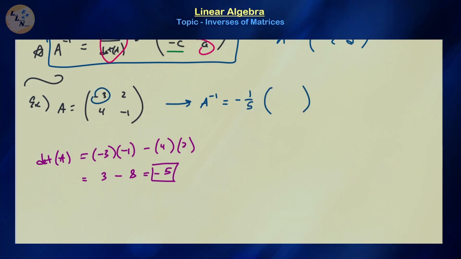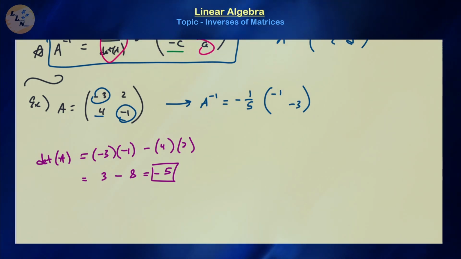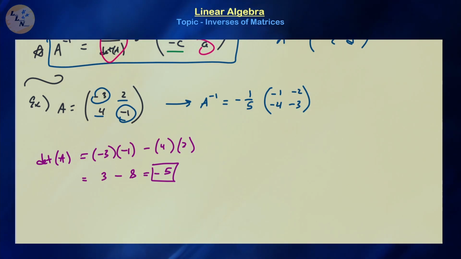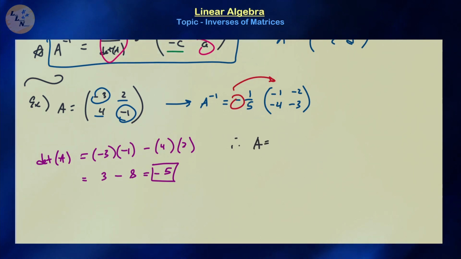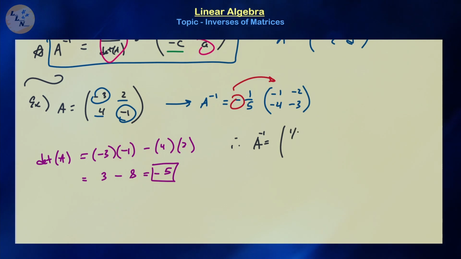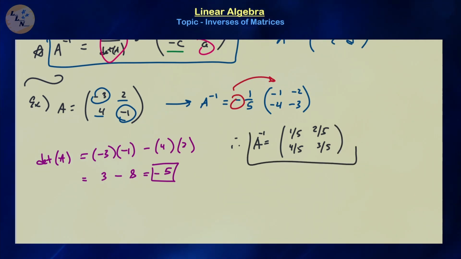We're going to flip those entries, and then negate the cross-diagonal entries. Notice that everything is negative, so I can factor out this negative if I want to, just to make it nice. So the inverse of this matrix is going to be 1 divided by 5, 2 divided by 5, 4 divided by 5, and 3 divided by 5.